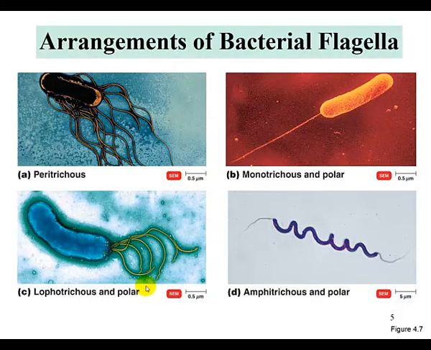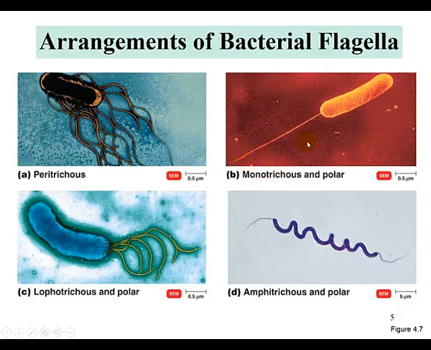Now, most bacterial species are motile and move either by swimming through liquid environments or by moving across the surface. Most will move using flagella, which are long filamentous appendages that propel the bacteria. There are several different arrangements of flagella that exist. The peritrichous arrangement, where the flagella are distributed all over the surface of the cell, such as in panel A here.